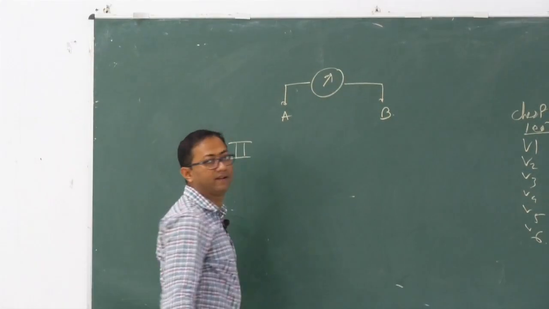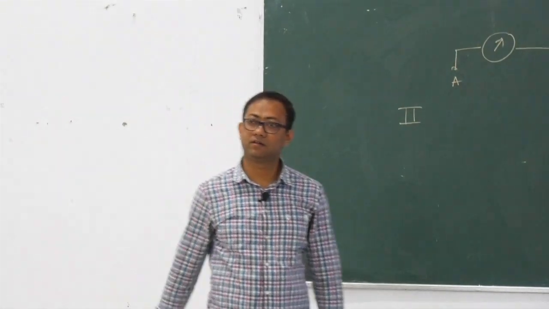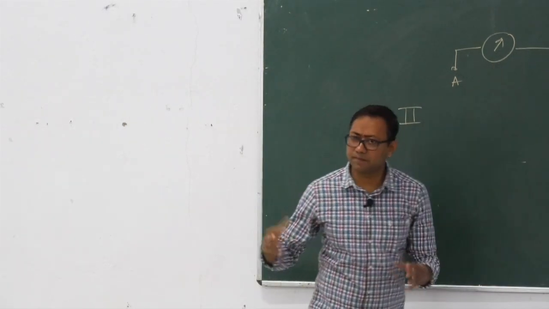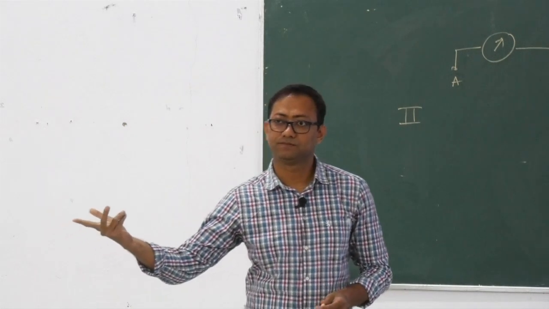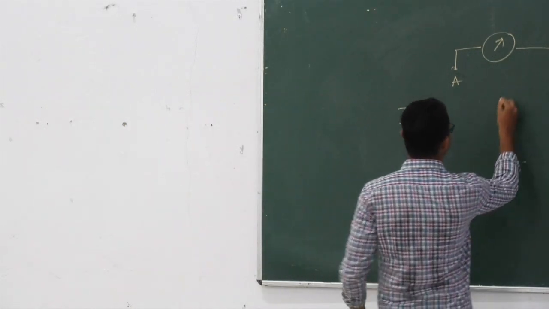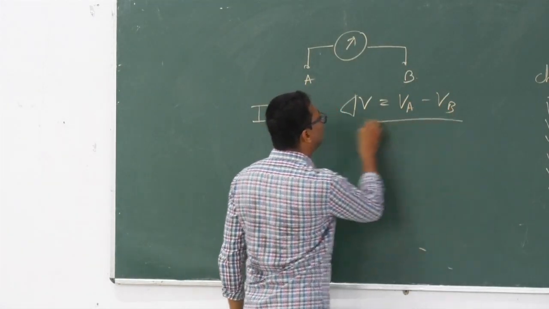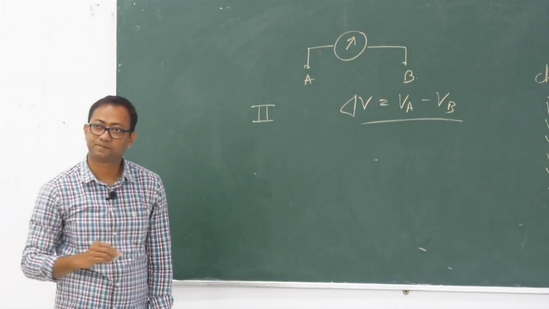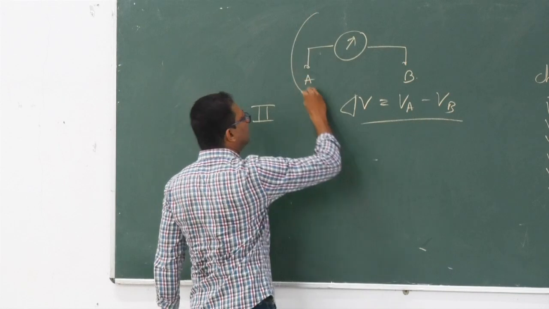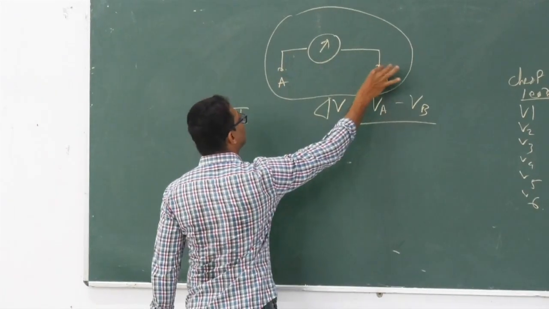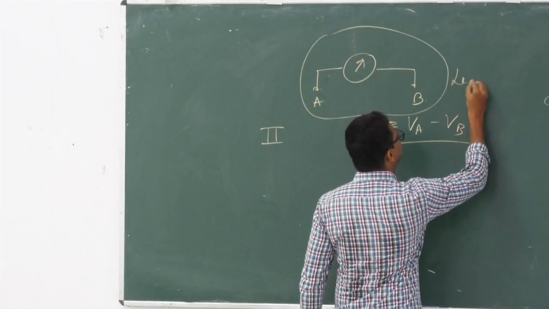The voltmeter measures the potential difference between point A and point B. This total arrangement, two electrodes plus one voltmeter, is a lead.